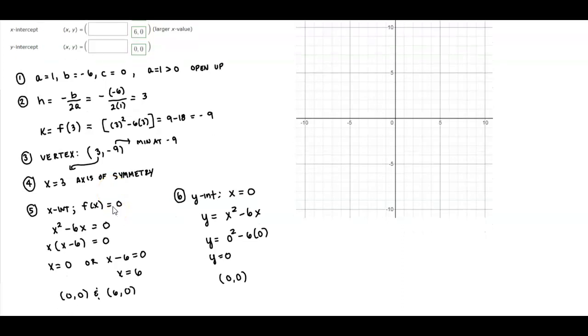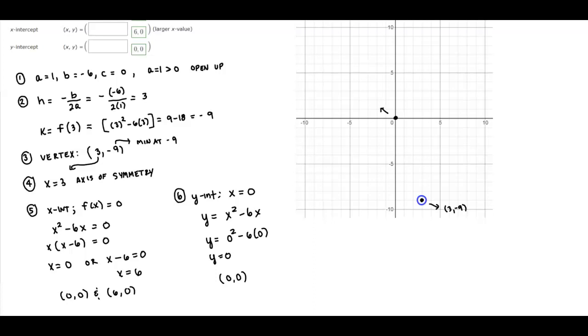So first thing we're going to do is plot our vertex, which is located at 3 and then negative 9. So I move over to the right 3 and then down 9. So there is our vertex, located at 3 and then negative 9. Okay, and then we also have the x-intercepts, at 0, 0.